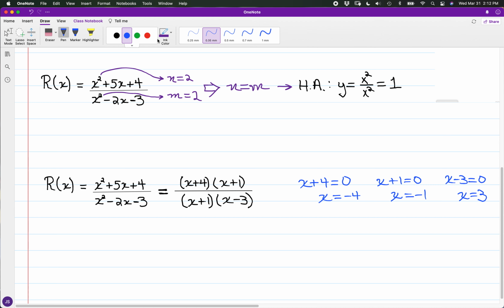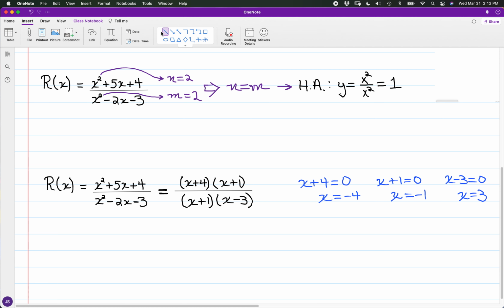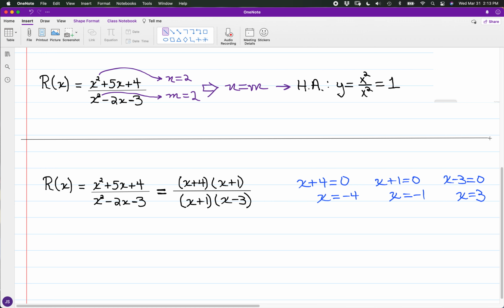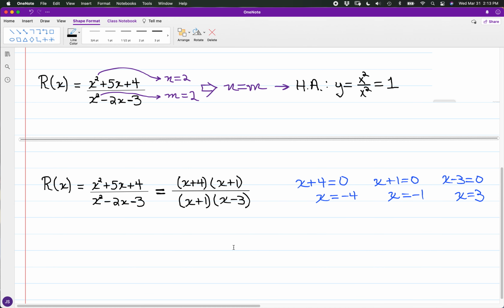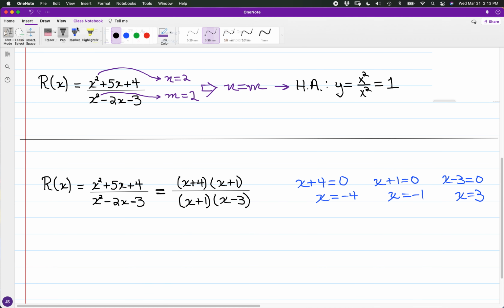Now, again, just in the setup, going ahead and identifying the zeros that originate from this rational function.